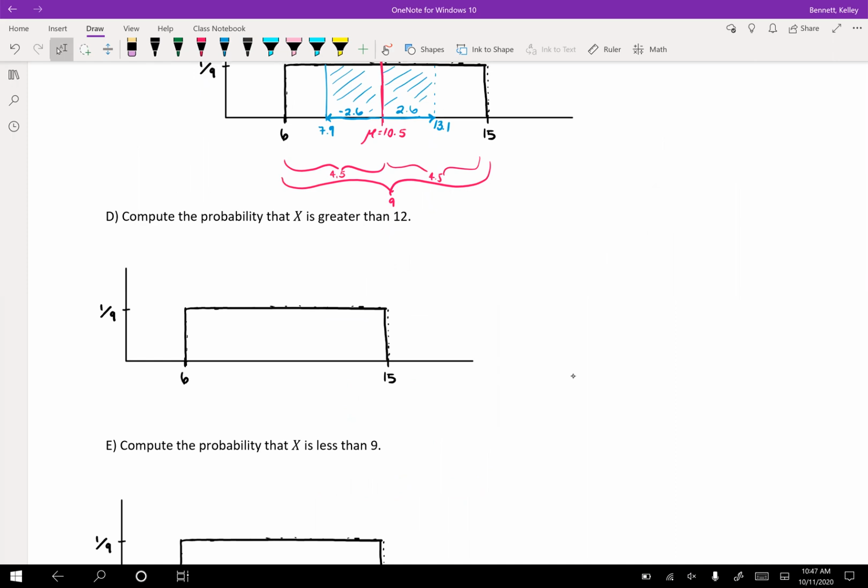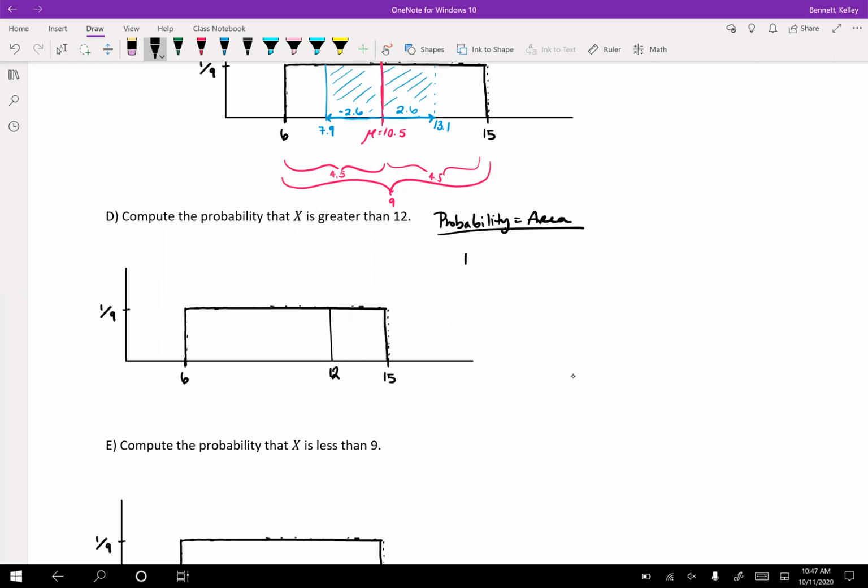All right, so next we're going to compute the probability that x is greater than 12. So the key thing here to remember is that probability equals area. That is the big takeaway. So if I want to look at greater than 12, that's going to be, let's say here.